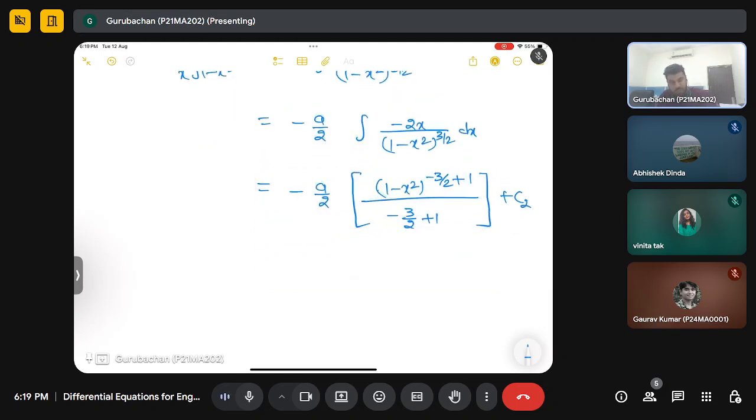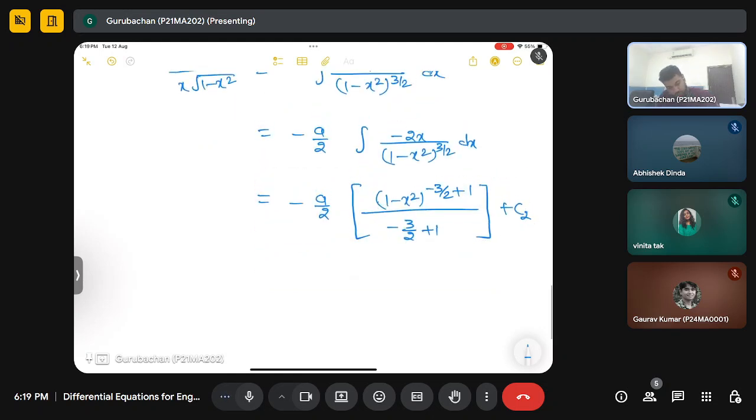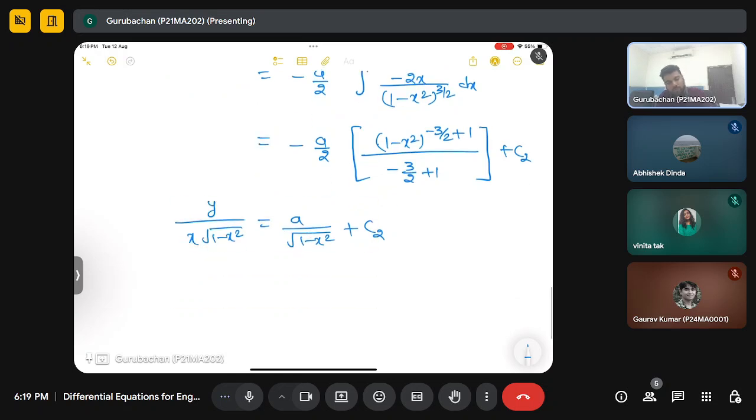So this will give you minus half. So this will be a divided by under root 1 minus x square plus this c2, or I can write c. This will be the solution.